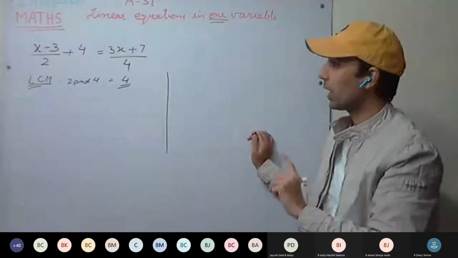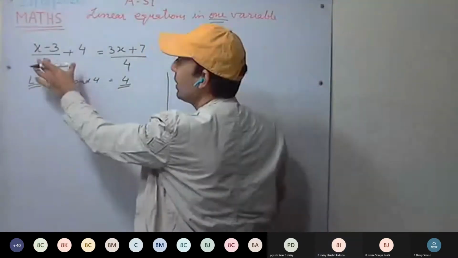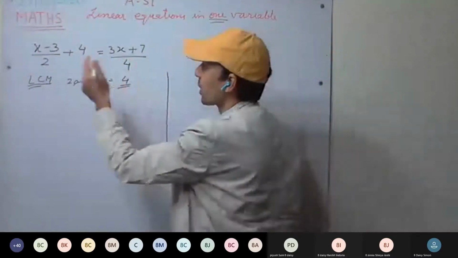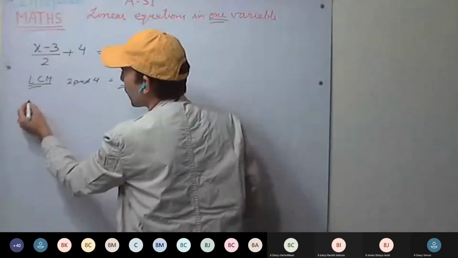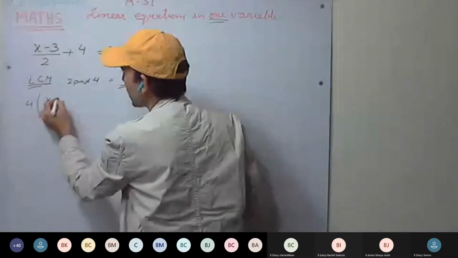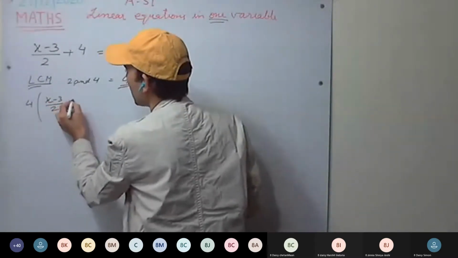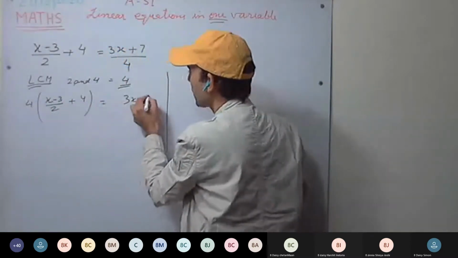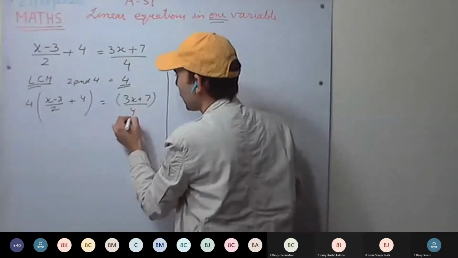LCM will be 4. Now what I'll do? I'll multiply both sides by 4. Okay. So 4 times (x minus 3) divided by 2 plus 4, and here as well 4 times (3x plus 7) divided by 4.